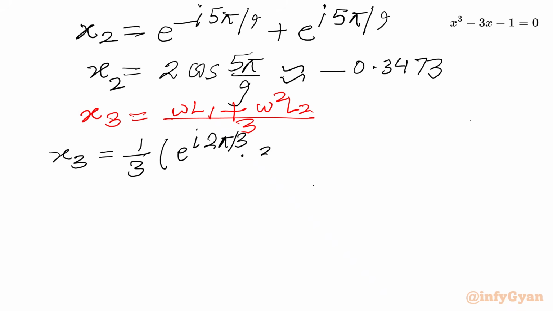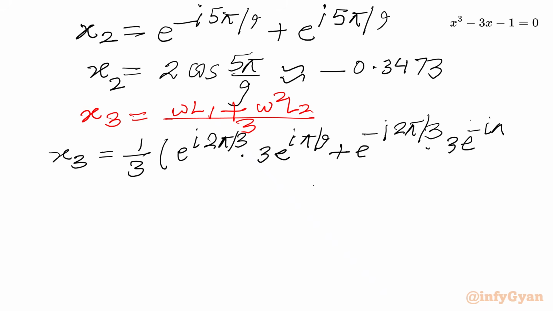L1 is 3 times e power i pi over 9, plus omega square is e power minus i 2 pi over 3, and L2 is 3 times e power minus i pi over 9. We'll take 3 common out and cancel the denominator 3.